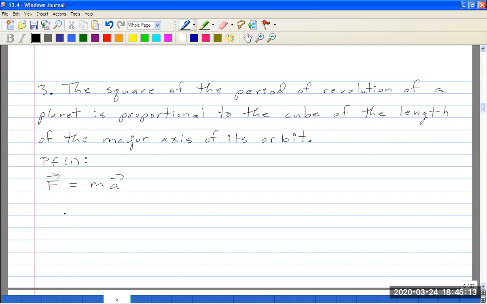And by Newton's universal law of gravity, we have that the force of gravity is given by minus GM, the mass of one of the objects, let's say the sun, times little m, the mass of the other object, let's say the planet, over r squared, times some unit direction.